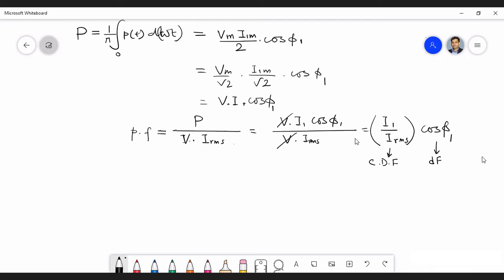Now, for this particular case where we are dealing with non-sinusoidal current and a sinusoidal voltage, can we conclude what about this power factor compared to the sinusoidal assumption? Will it decrease or increase? It will decrease, sir.